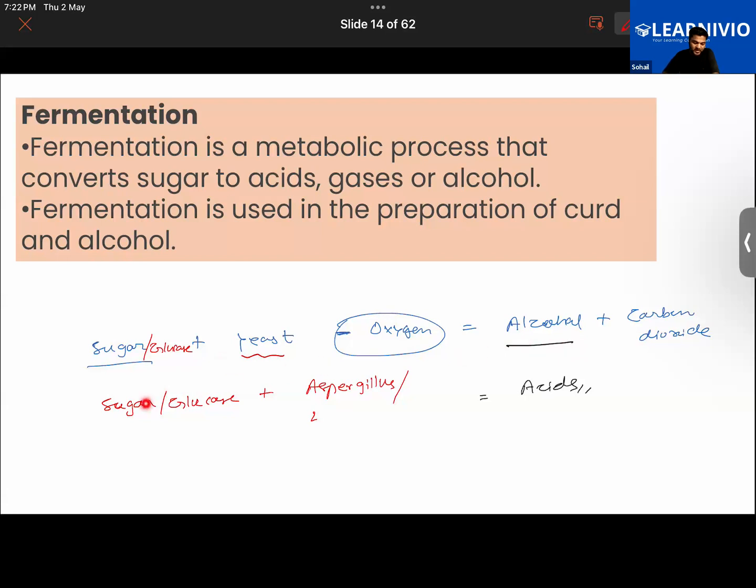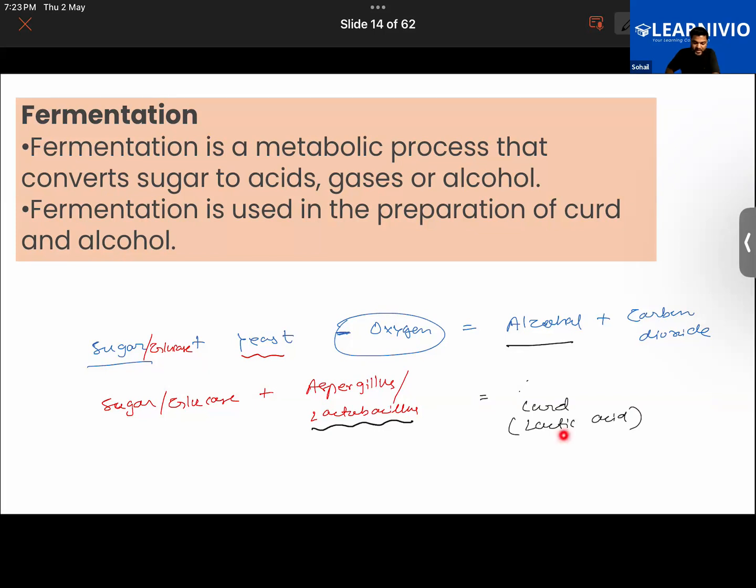But apart from that, we can add Aspergillus or Lactobacillus also. So thereby you would be getting this as a result. If I were to add Lactobacillus to sugar or glucose, in return I would be getting curd. And curd consists of an acid called lactic acid.